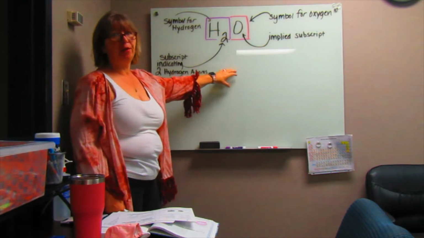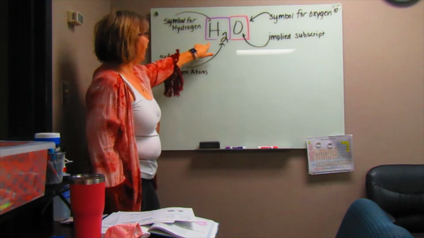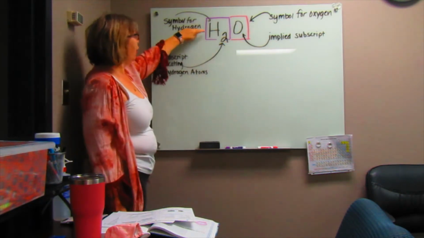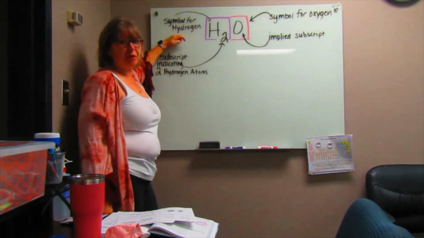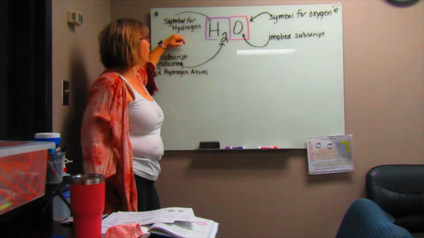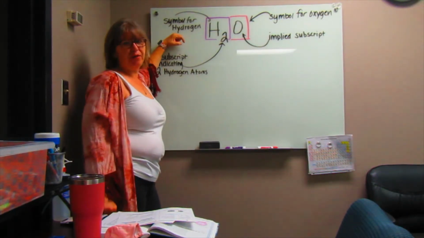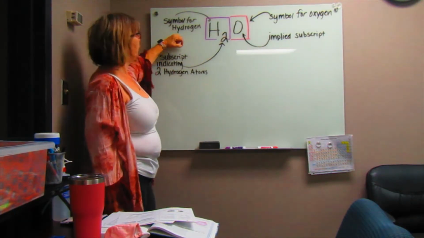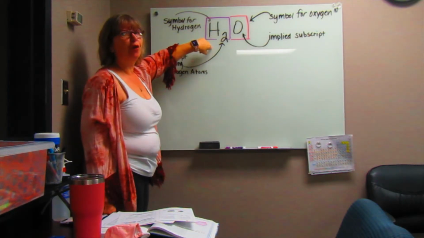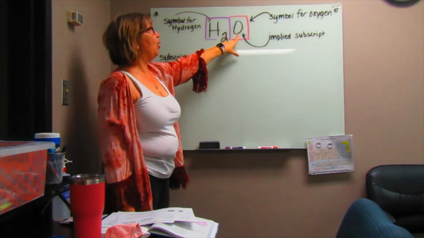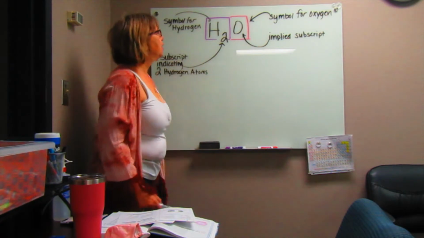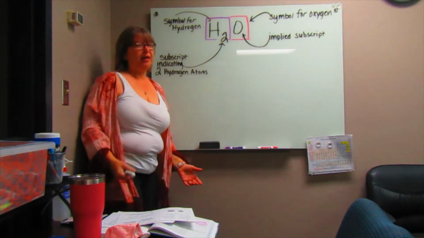We have H2O. Our H is the chemical symbol for hydrogen. As you were working on memorizing those elements from the periodic table, you learned that H is the chemical symbol for hydrogen. And then we have O for oxygen. That's pretty easy to understand.